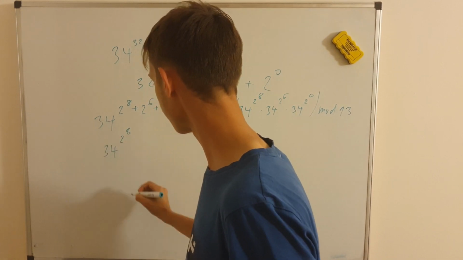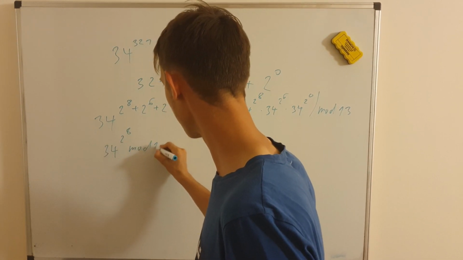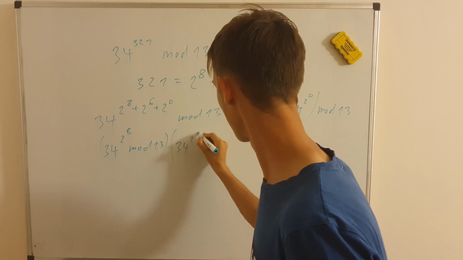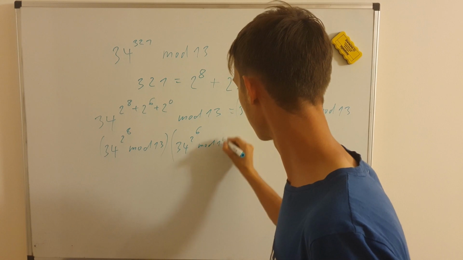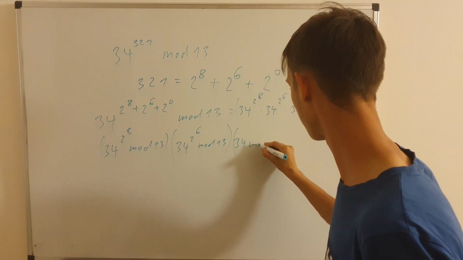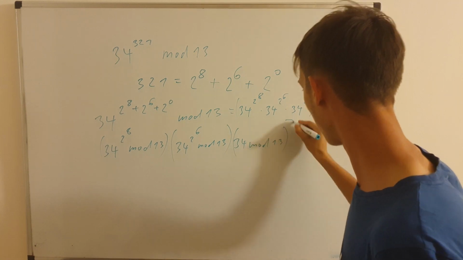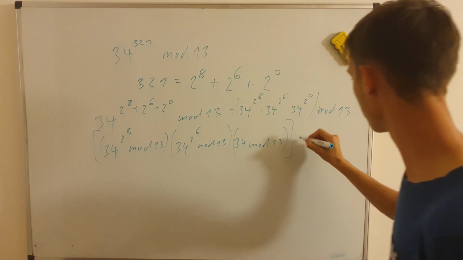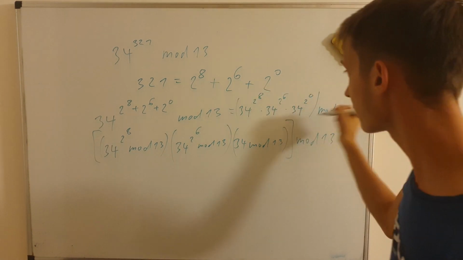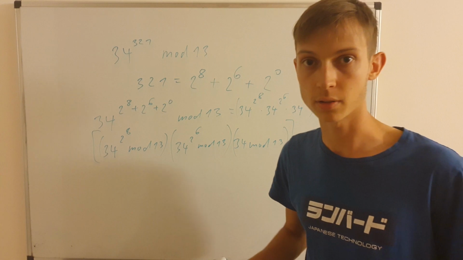Meaning, I say this mod 13 and that times the second thing, mod 13, times the third thing, which is 34, and all of that mod 13. So under this modular arithmetic, this and this are equivalent expressions.